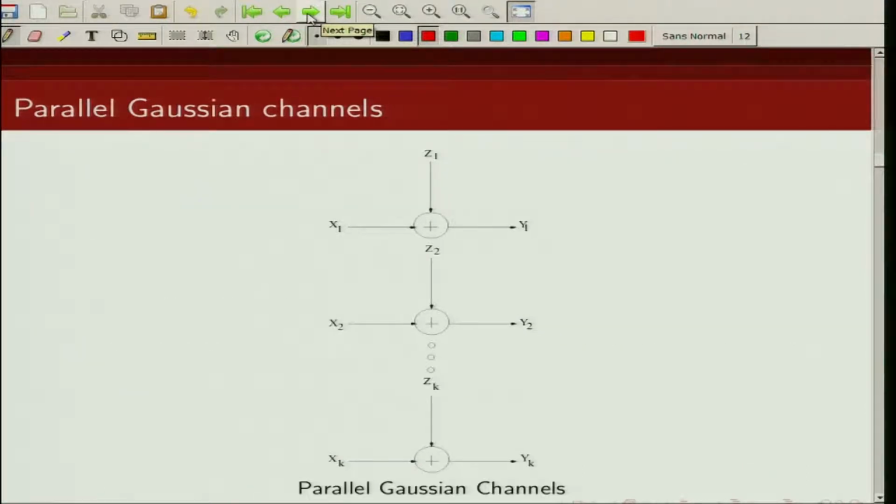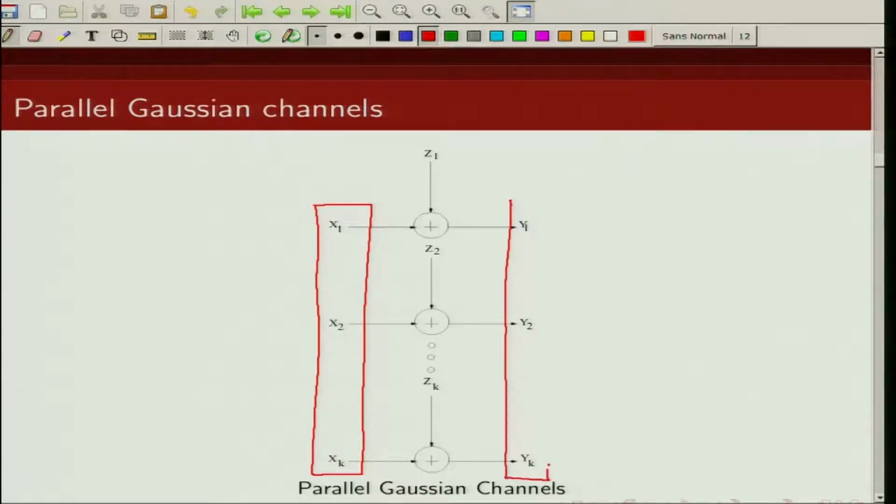This is how my parallel Gaussian channel looks. I have these inputs x1, x2, xk, and these are my outputs y1, y2, yk. The noise samples are independent, denoted by z1, z2, zk.